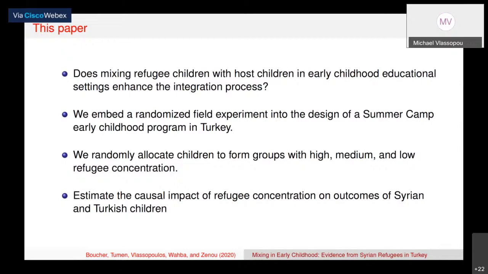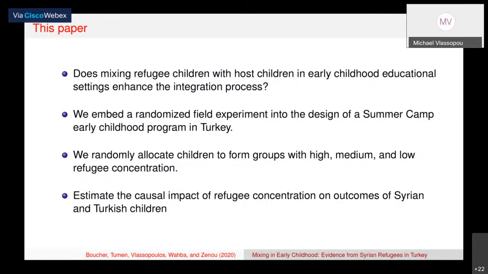More specifically, the nature of our intervention was to randomly allocate the children who participated in this summer camp program into groups of varying ethnic composition.